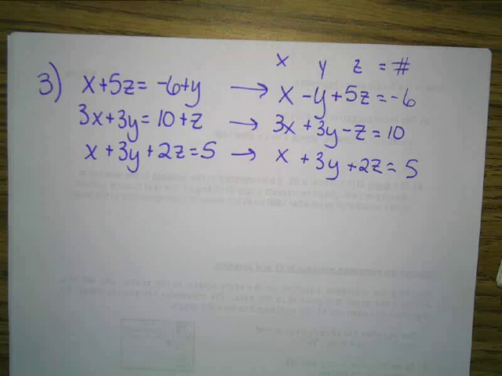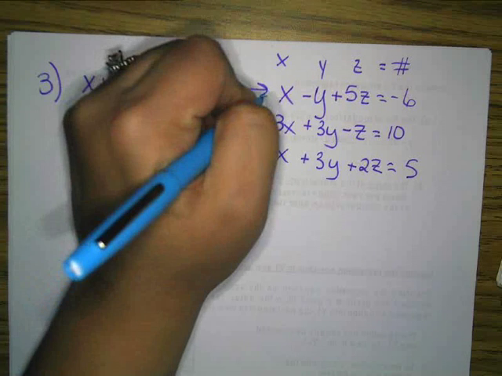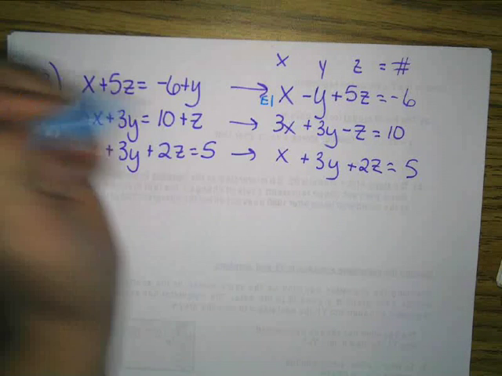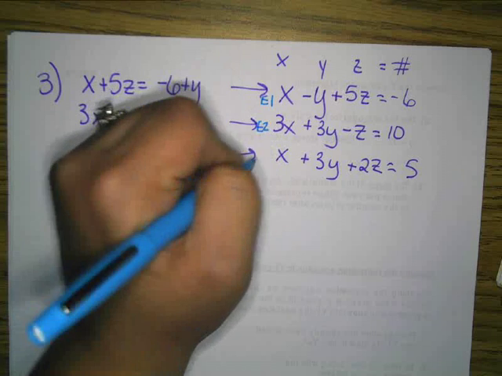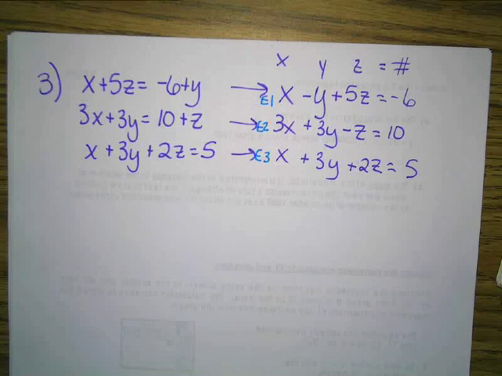So what I need to do now, and this is really important to keep yourself organized, is label each of these equations. So that's E1, E2, and E3. That's equation 1, equation 2, and equation 3. Because the purpose now is to take two of these equations, any two you choose, and eliminate one of the variables.